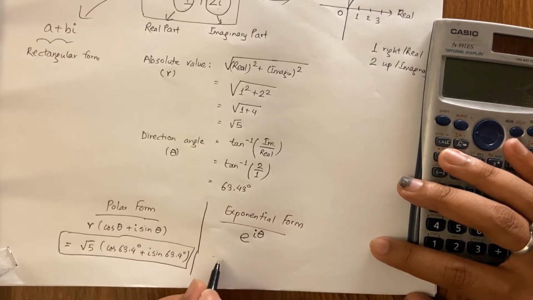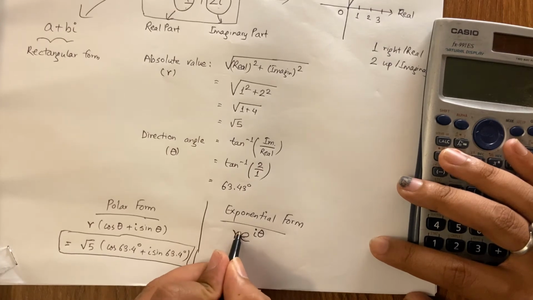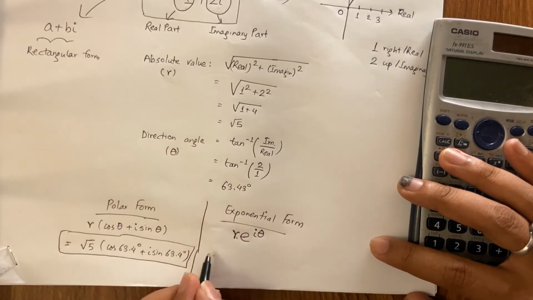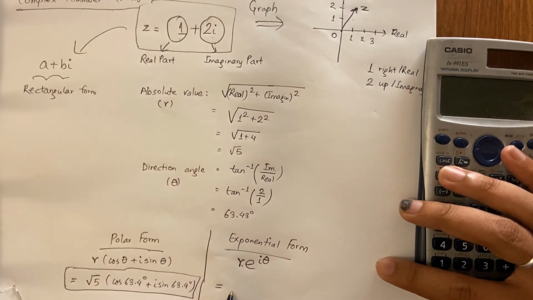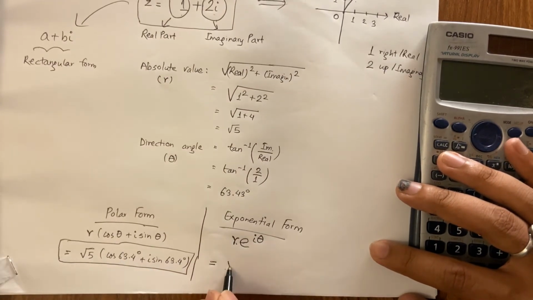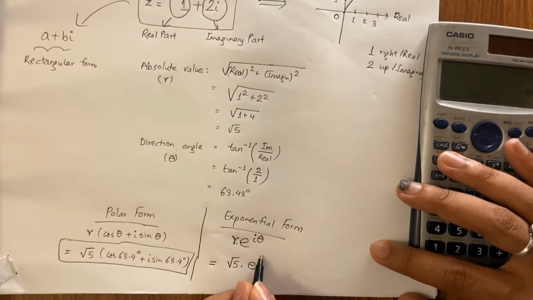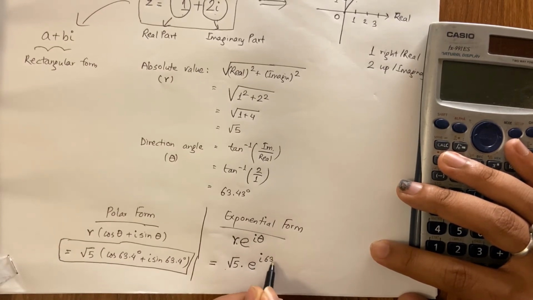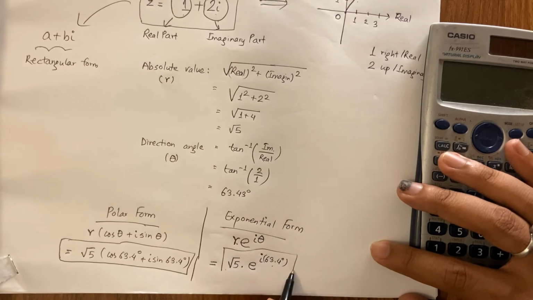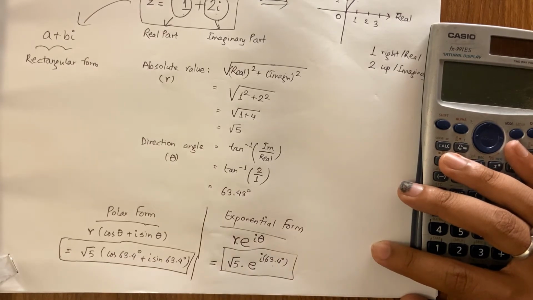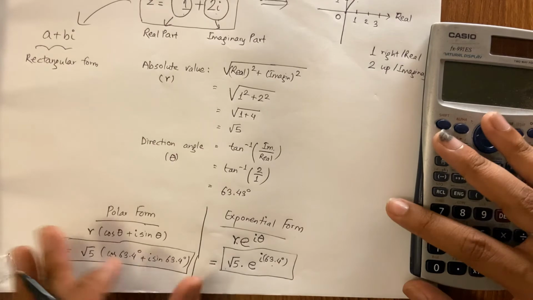So writing this number, r times e power i theta, our complex number 1 plus 2i in exponential form would be square root of 5 times e power i of 63.4 degrees. And you can convert this into radians as well, but for now we can leave it in degrees. So r e power i theta.